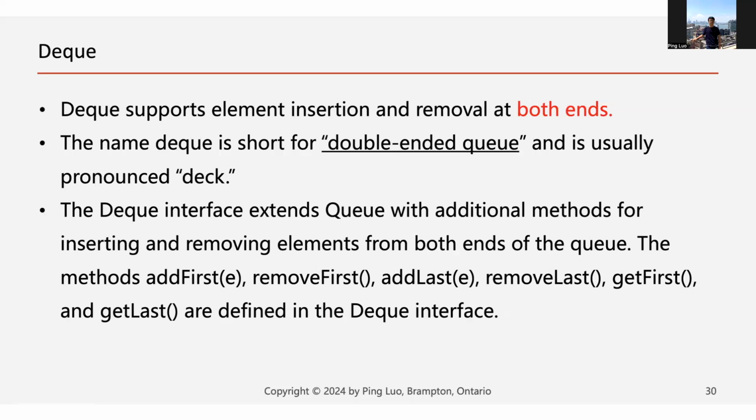By the way, the beginning of the queue we usually call the head, and the end of the queue is the tail. But with a double-ended queue, there will be two pointers, pointing at the beginning and the end of the queue, so that we can access an element at the beginning, and we can also access an element directly at the end.